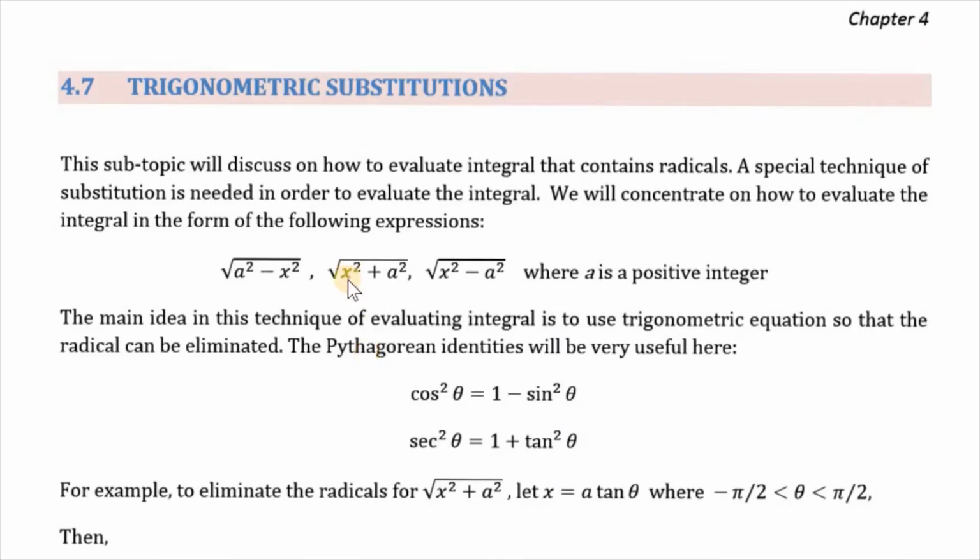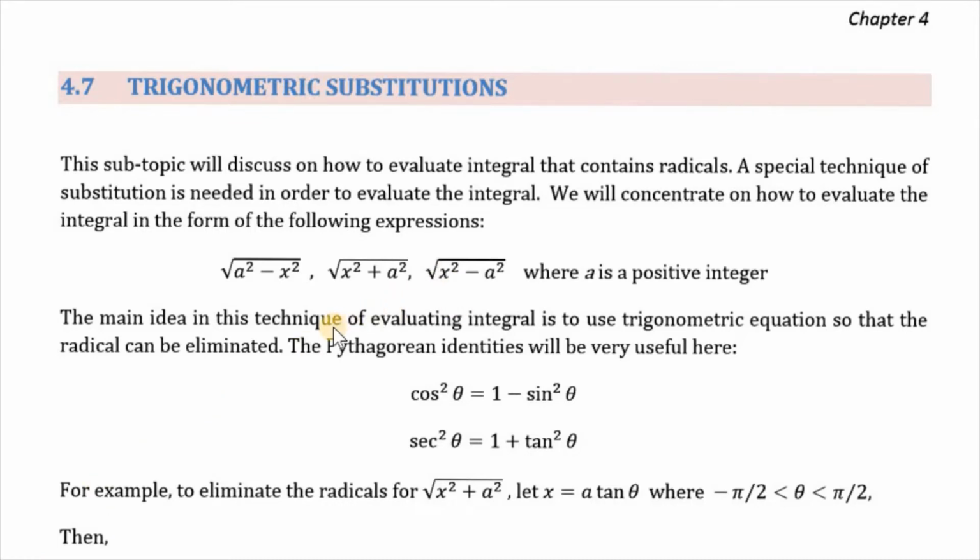Under this topic, we are to learn how to integrate radicals in the format of the square root of a squared minus x squared, a squared plus x squared, and x squared minus a squared, where a is a positive constant and x is the variable.